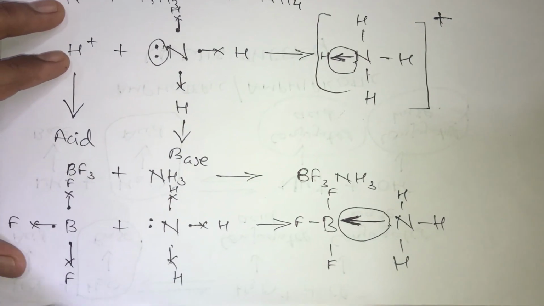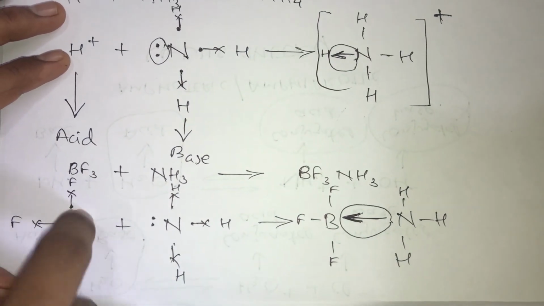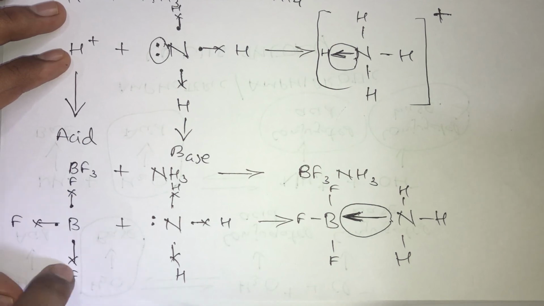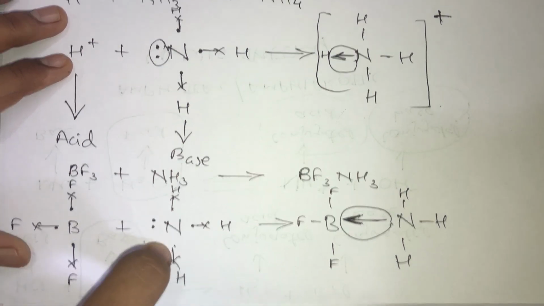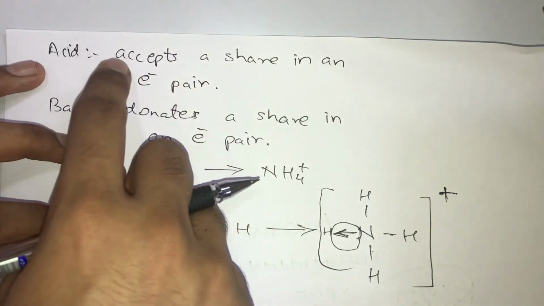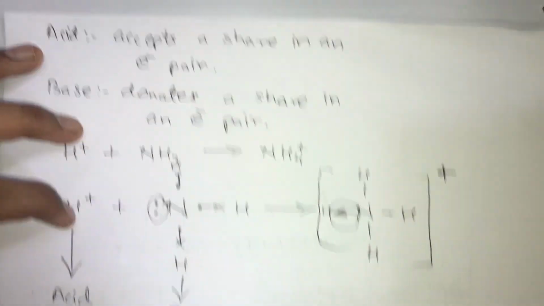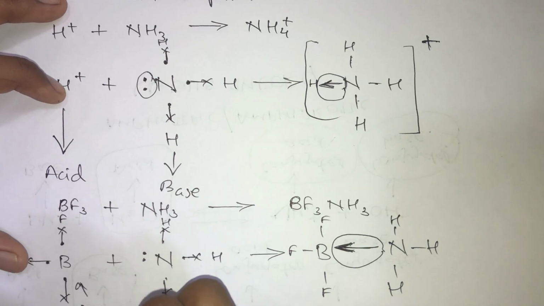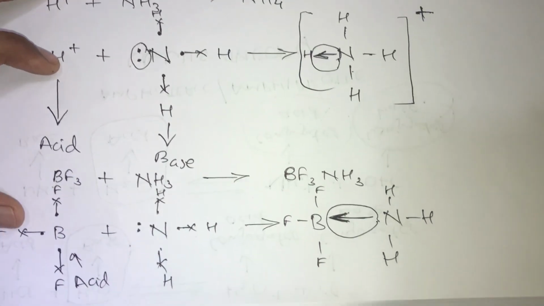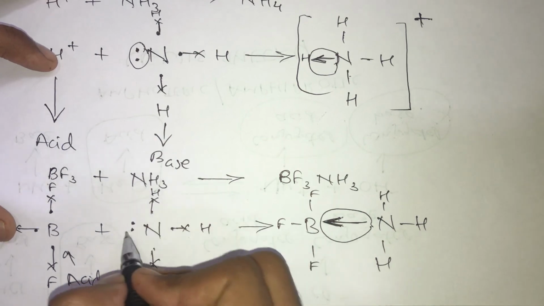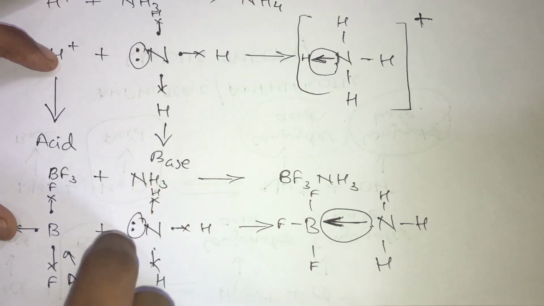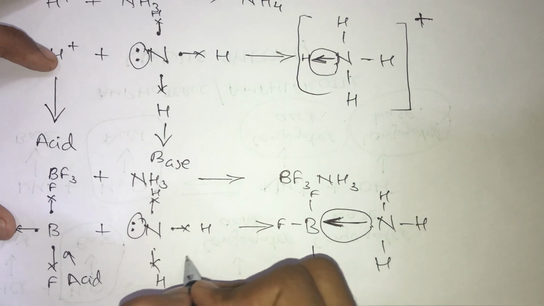Now here can I say that this BF3 is accepting a share in an electron pair, and the one which accepts a share in an electron pair is nothing but your acid, and the one which donates a share in an electron pair is donating. NH3 is donating its share in an electron pair.